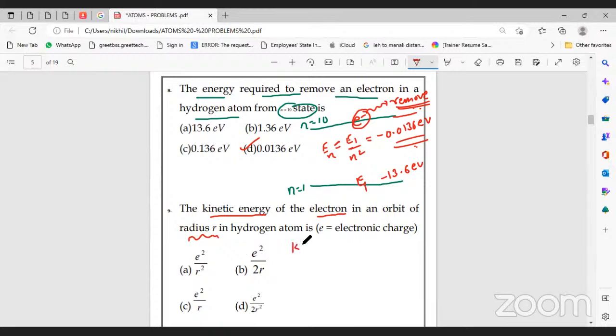So kinetic energy is actually given by the formula half mv squared.